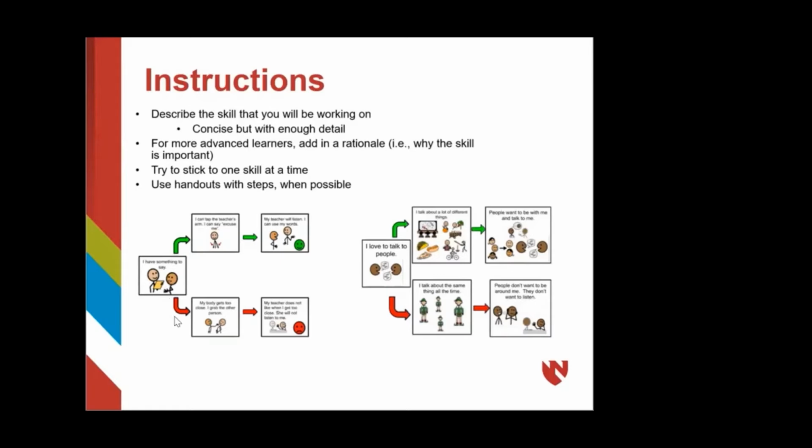On the other hand, we have this red arrow, indicating this would not be an ideal situation of grabbing the person to get their attention. And then the consequences, my teacher does not like when I grab them, and that would not be the way to set up a conversation and indicate that you need something. So using visuals or aids like these can help a learner grasp the concept of the instruction and what each step should mean.